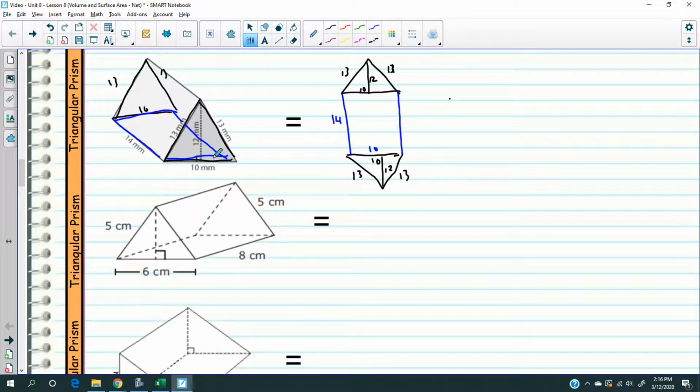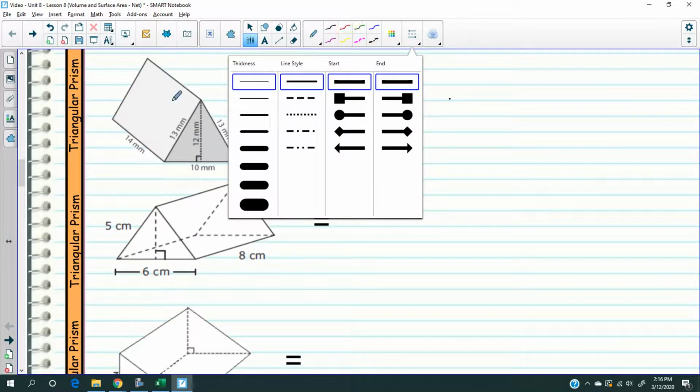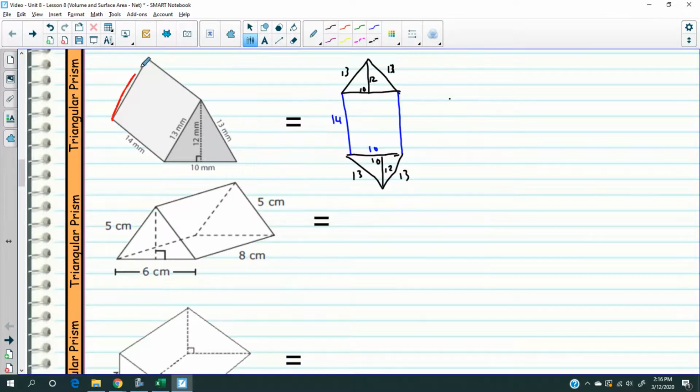All right, now I'm going to unfold this side here, the red one. So let me erase this first. I'm going to unfold this one. Imagine it's like a tent, right? And you want to deconstruct the tent.